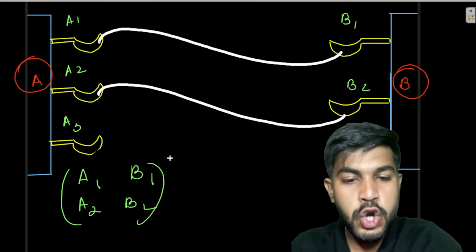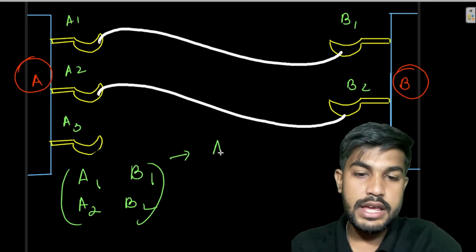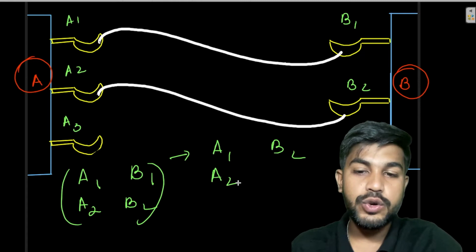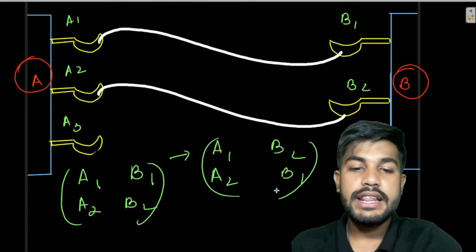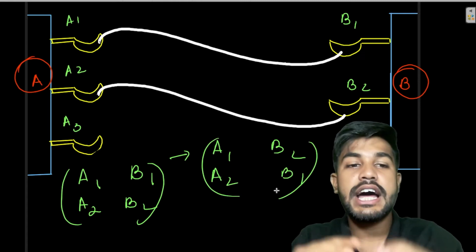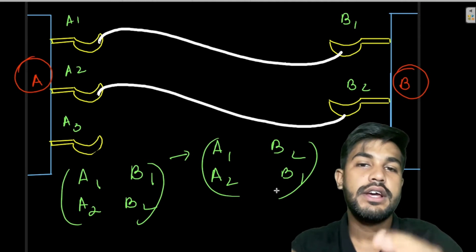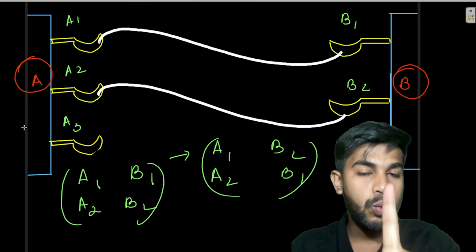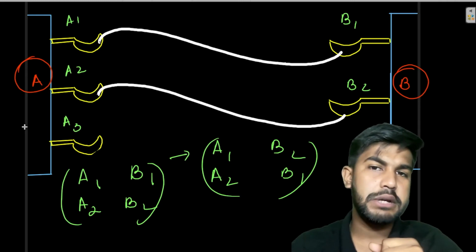This is not different from A1 with a knot to B2 and A2 with a knot to B1. These two arrangements are not different, so they are counted as one. This is the problem statement.